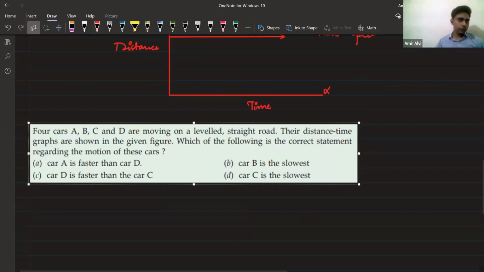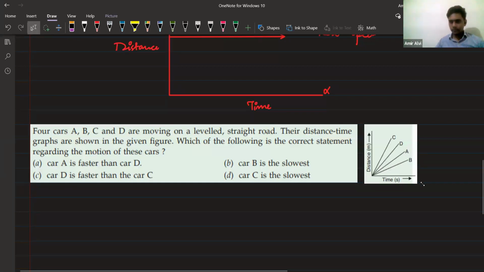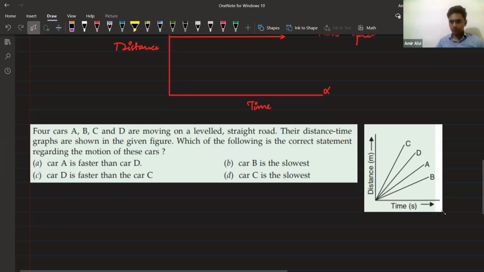I'm pasting the graph of this question as well. Please let me know the answer. Sarah Beg, Farhan, and Ayan. At least try.